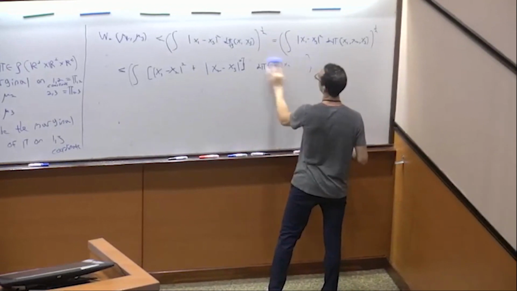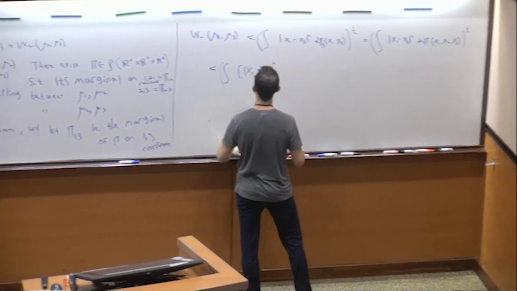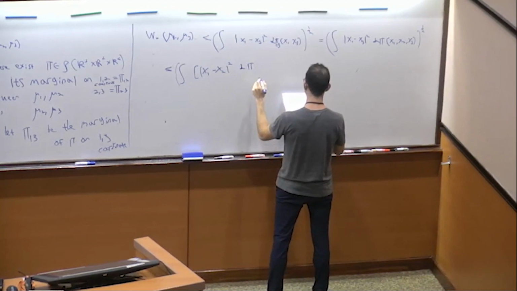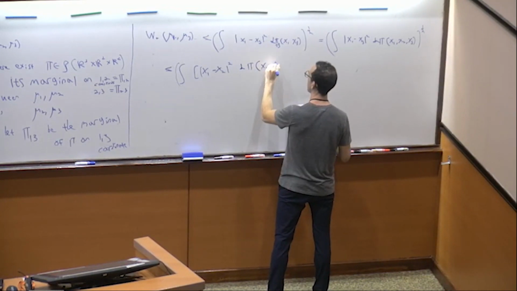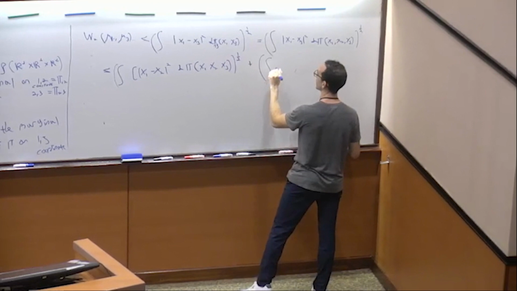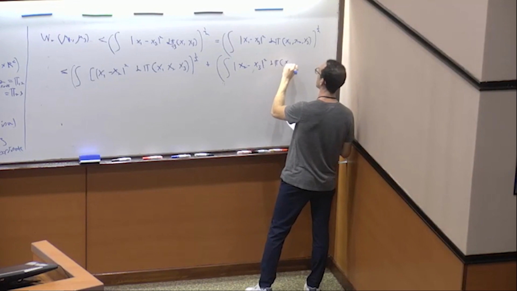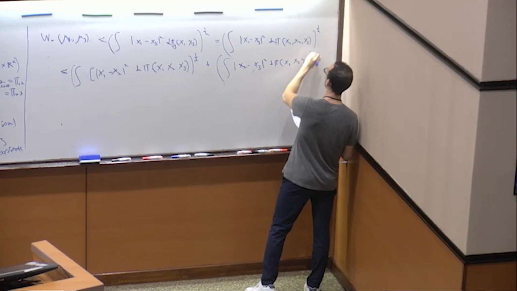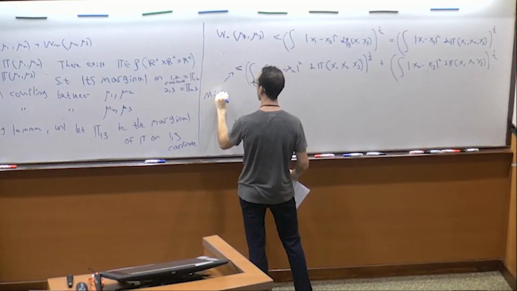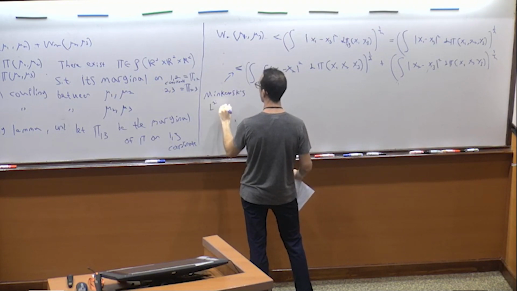Yeah, so the point is, I'll skip that step, and we'll do it at once. We'll first do it with respect to pi, and then we'll do the x2 minus x3 squared. So here we used Minkowski's L2 inequality.